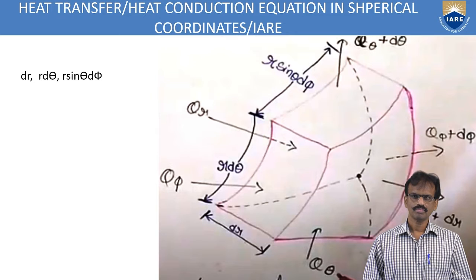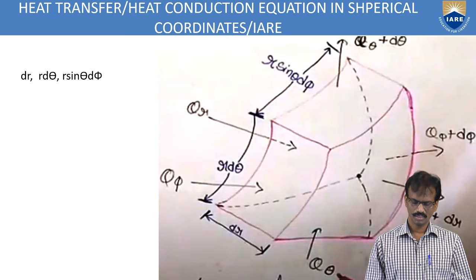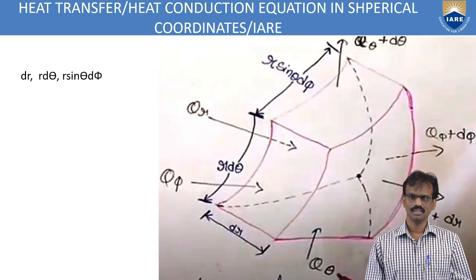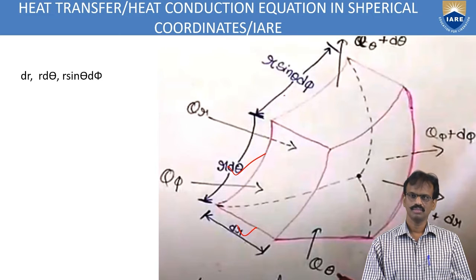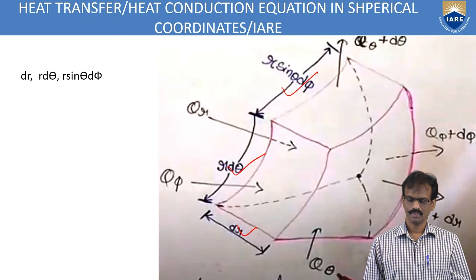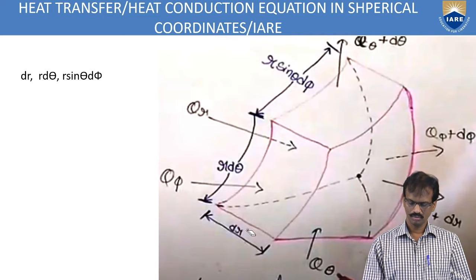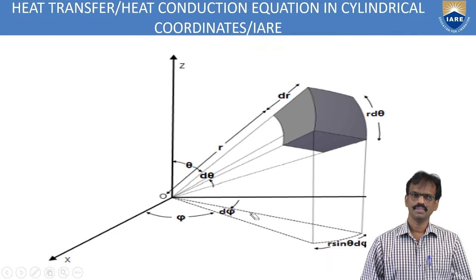Here heat conduction takes place with respect to dr, next with respect to the surface r d theta, and with respect to r sin theta d phi. So in three ways.